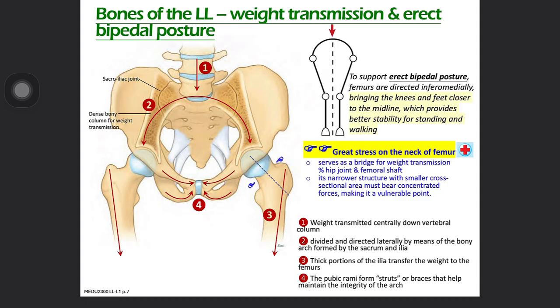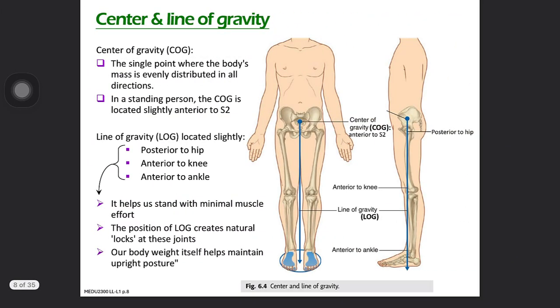Very common. Okay. So then talk about the center of gravity, referring to the single point where the body mass is evenly distributed. So this is the COG, the center of gravity. This center of gravity is slightly anterior to S2, okay?